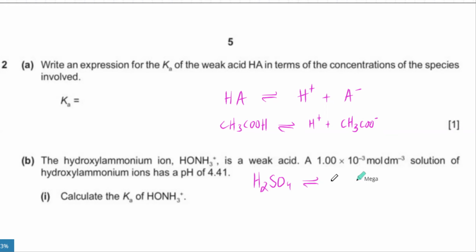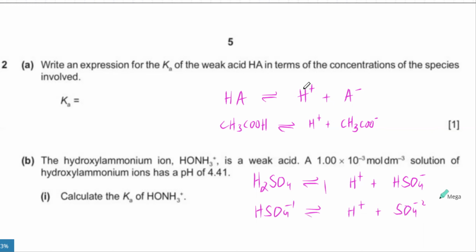It will first release one H+ and produce HSO4-. And then that HSO4- is going to behave as an acid and release another H+ ion and produce SO4 2- ion. So the general acid dissociation equation applies even to diprotic acids as well.